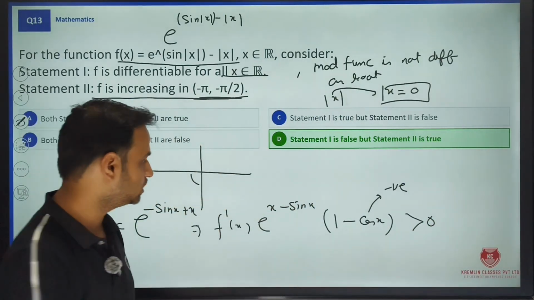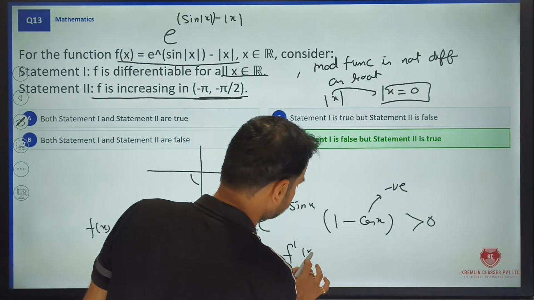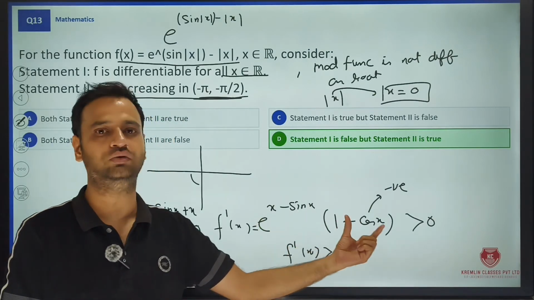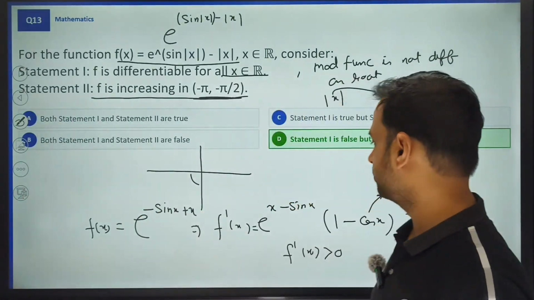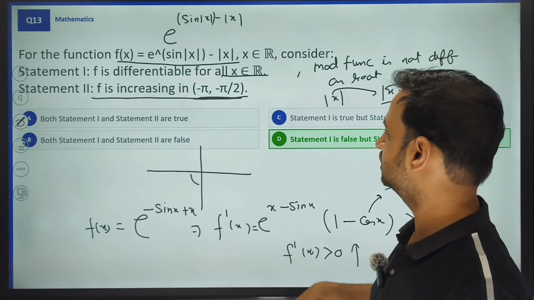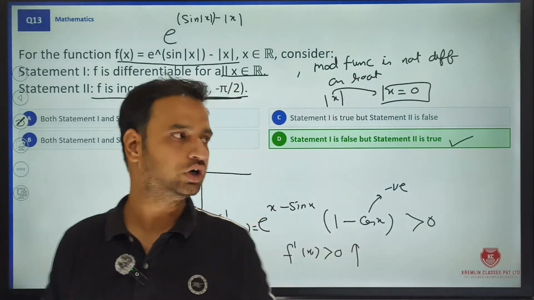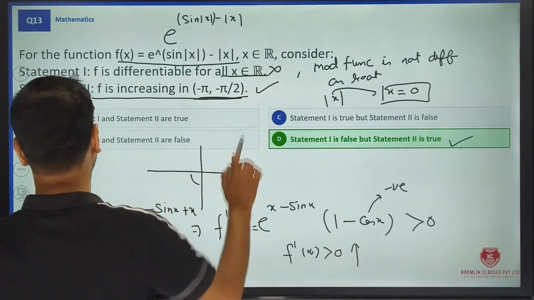So f dash x is greater than 0, because this quantity will be completely positive. This is positive, multiplied by this is positive, so it is overall positive. When f dash x is greater than 0, f(x) is a strictly increasing function. So it is correct. Statement 1 was false, statement 2 is correct. This is wrong, this is right.